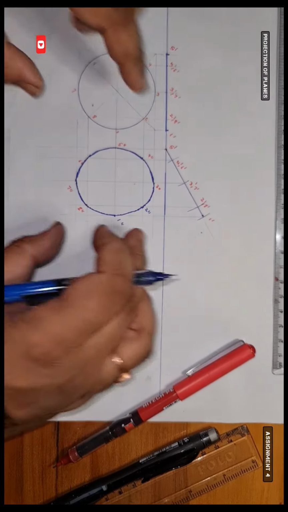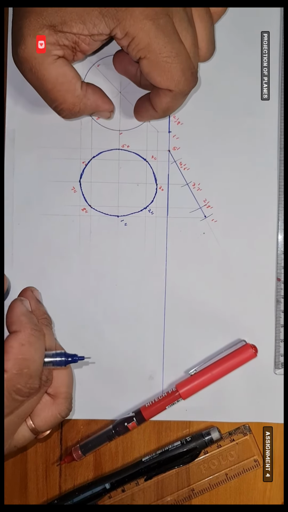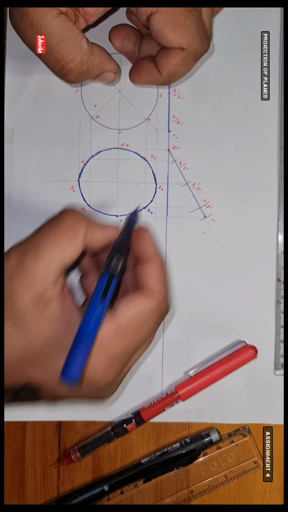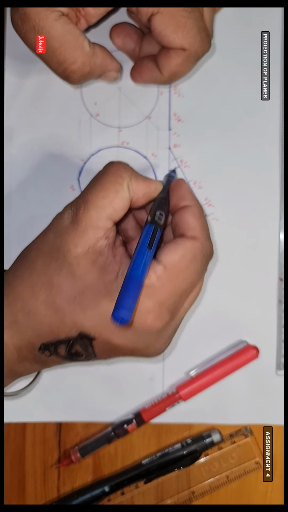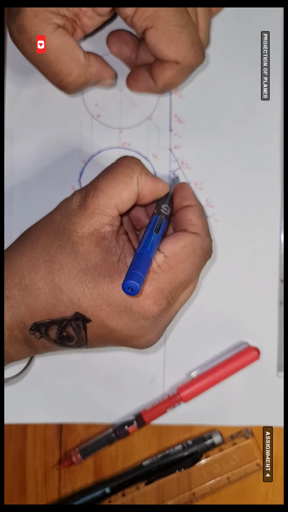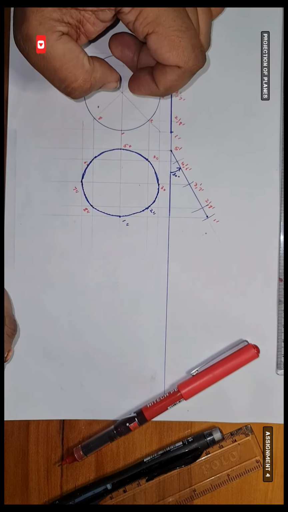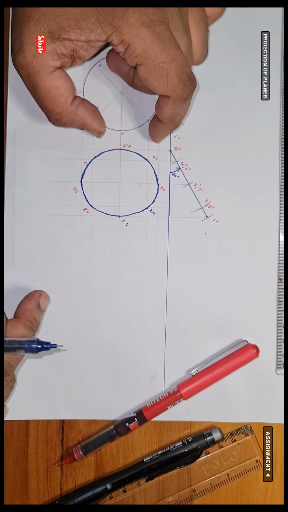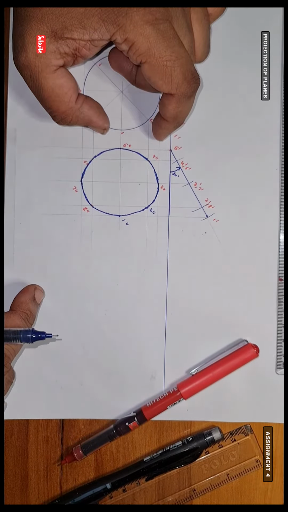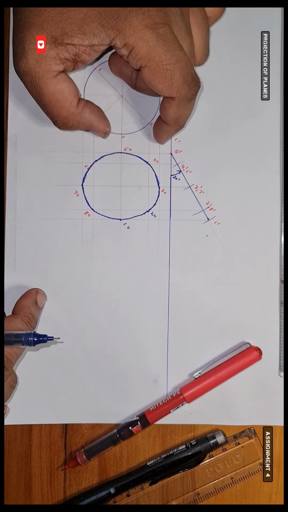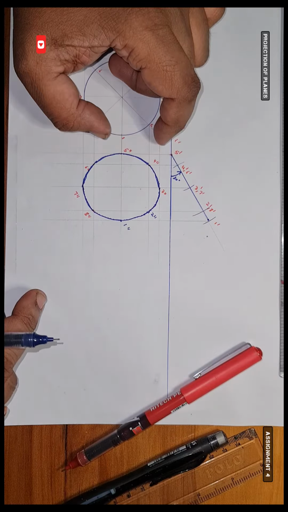Now again we have to rotate this ellipse at an angle of 45 degree. This again is 30 degree, the angle is 30 degree, and we have to rotate this diameter. It is saying that its diameter 45 degree.